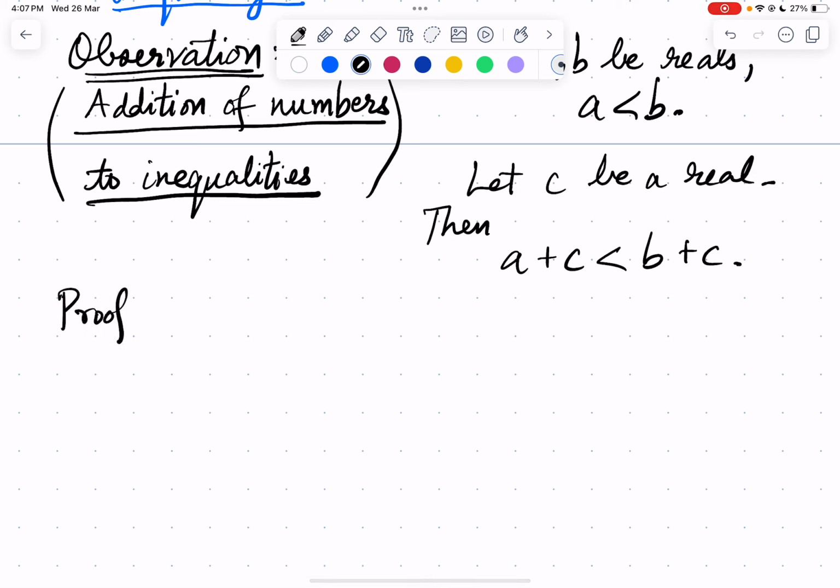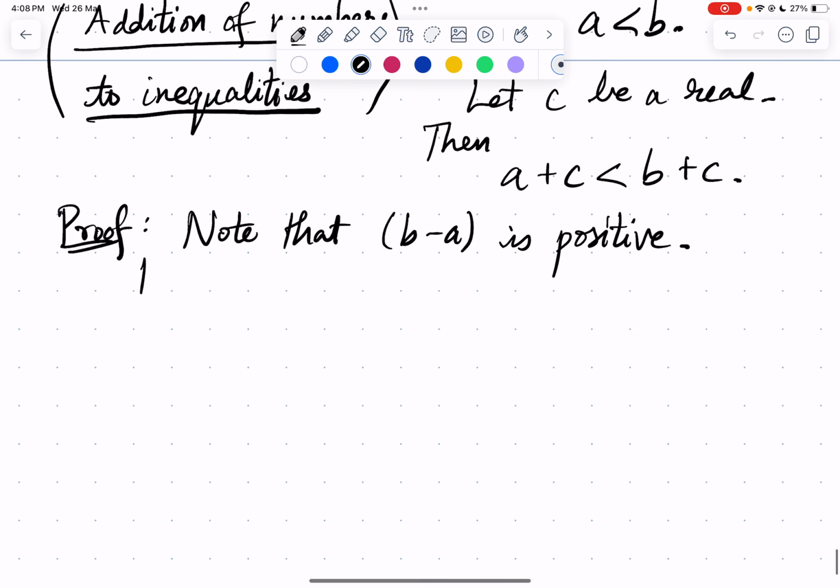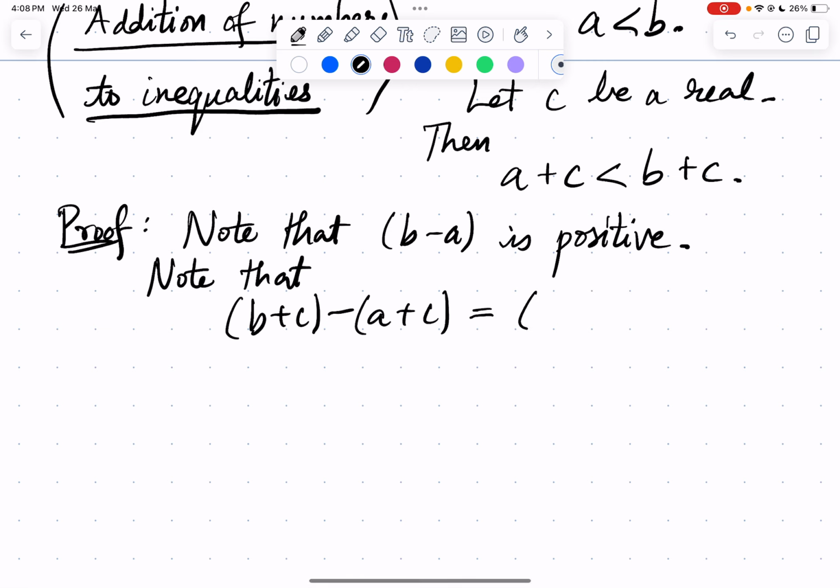So here's the proof. Note that b minus a is positive. And note that b plus c minus a plus c equals b minus a.